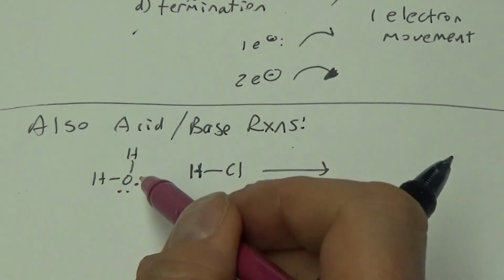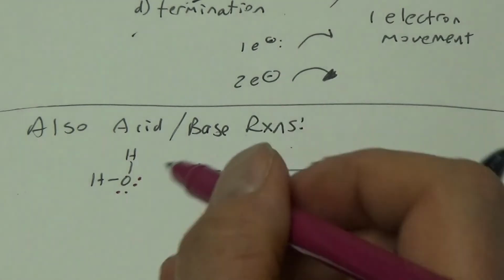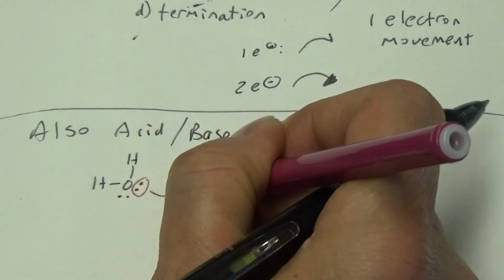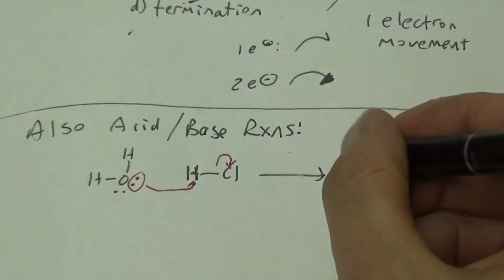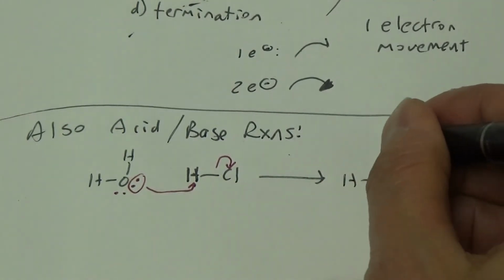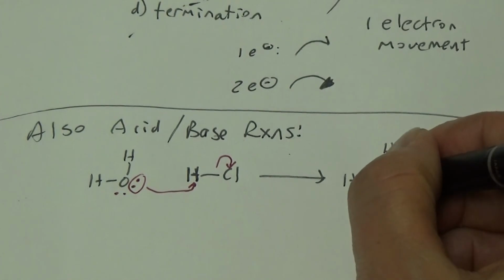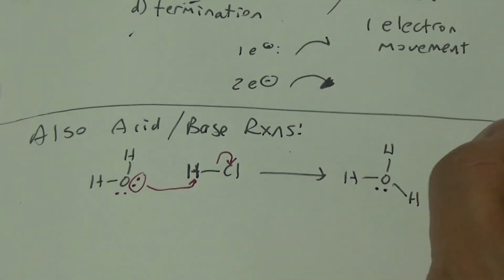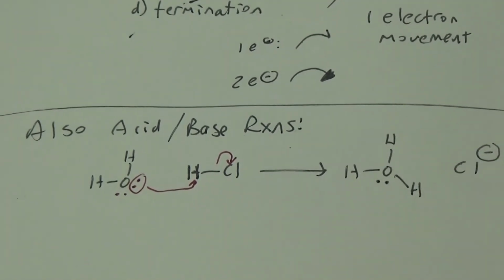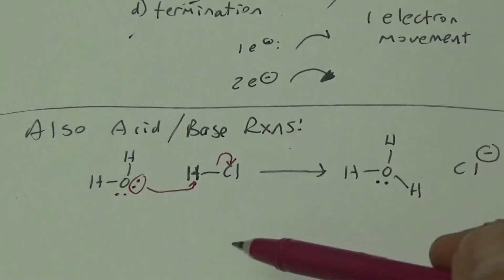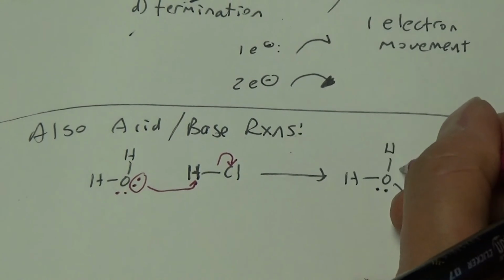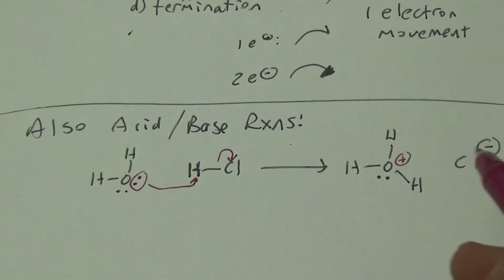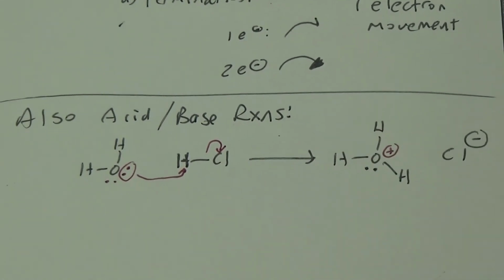Water as a base just rips off a proton, so I can circle this and attack this and kick this off, and you form hydronium, and you make Cl minus. What's the charge of hydronium? Neutral plus neutral makes something positive plus chloride, which is negative, and that balances out. So that's a simple example of an acid-base reaction.